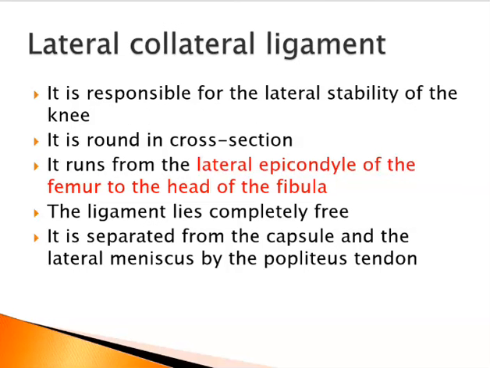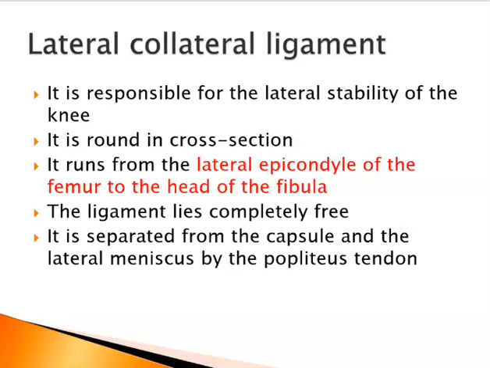Lateral collateral ligament. It is responsible for stability on the lateral side. It is round in cross section. Its attachments are lateral epicondyle of the femur to the head of the fibula. This ligament is completely free.